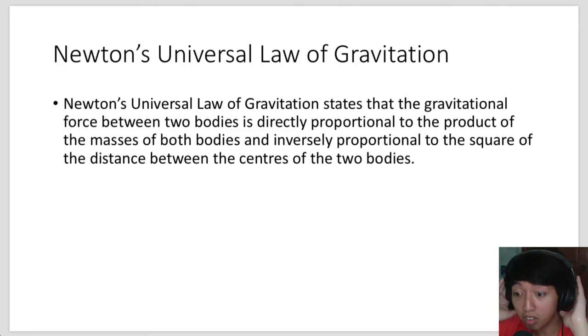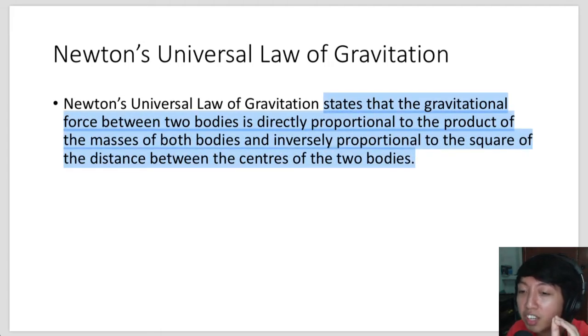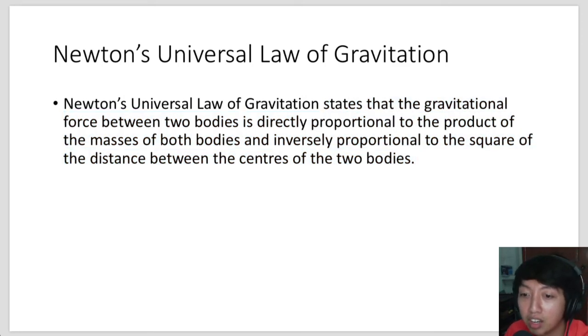So when you are answering in SPM physics later, you have to state this. Not necessarily exactly word for word, but you have to have all the keywords. So you need to write down gravitational force between two bodies or two objects is directly proportional to the mass of the two bodies and inversely proportional to the square of the distance between the centers of the two bodies.